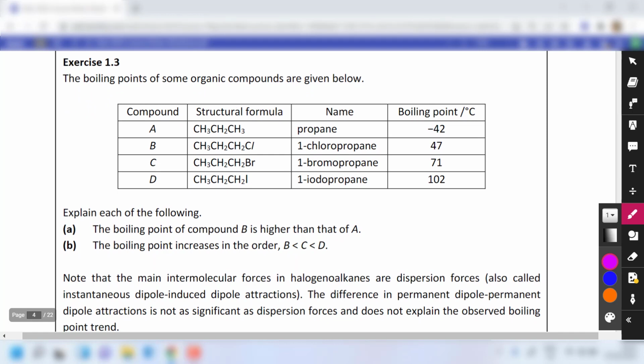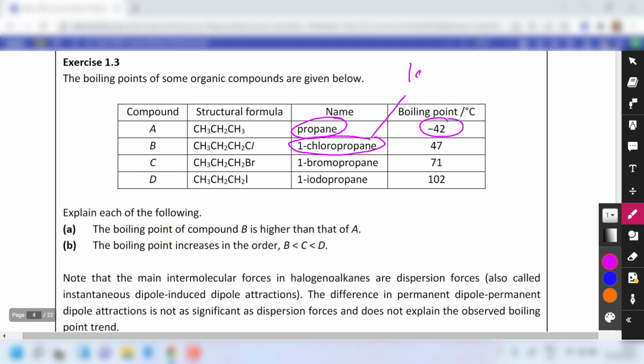For 1.3, boiling points of some organic compounds are given. You have propane, 1-chloro, 1-bromo, and 1-iodopropane. You realize that propane has the lowest boiling point. It's understandable because B, C, D all have halogens, and therefore a much larger electron cloud as compared to propane. So if you're asked to explain why the boiling point of B is higher than that of A, you can say that the electron cloud of 1-chloropropane is larger and more polarizable than that of propane.